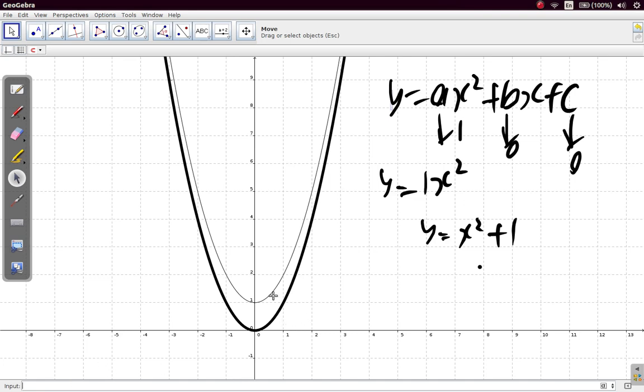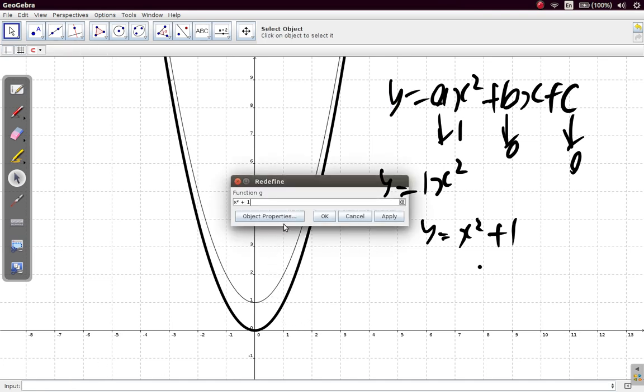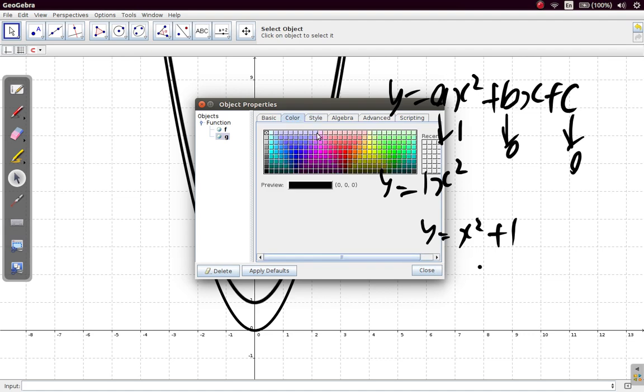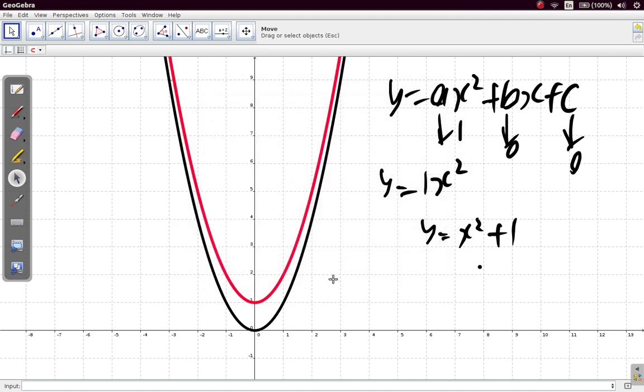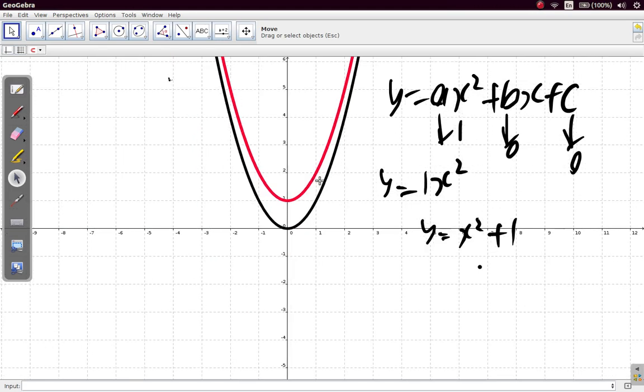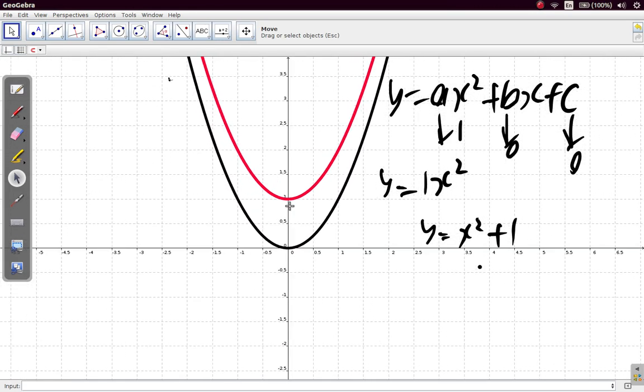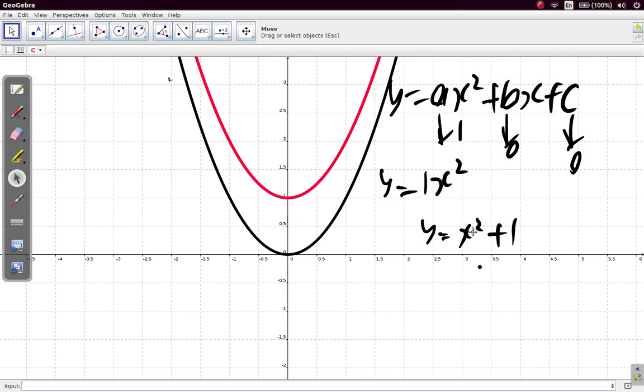Alright, we have another curve. Let's make the line thicker and let's change the color of our curve to red. Now the red line is y equals x squared plus 1.